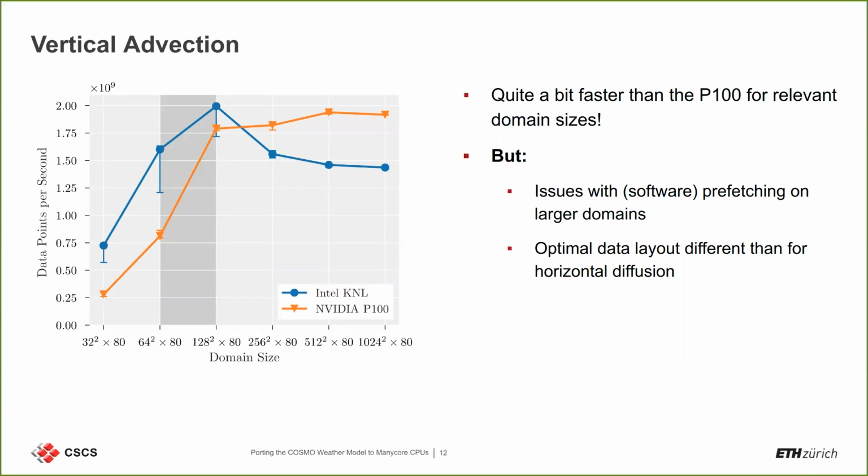You cannot prefetch a memory location which is not on the same page, in this case 4 kilobytes away. So on larger domain sizes, where the strides are bigger than 1 page, it just fails.